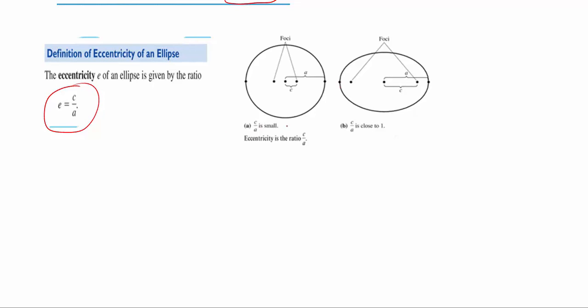We simply look at this ratio of c divided by a, and if c divided by a is small, basically if it's close to 0, you're going to have more of a circular shape. And if c over a is closer to 1, then it's going to be more elongated. Okay, so it has a little bit more oval shape than a circular shape.